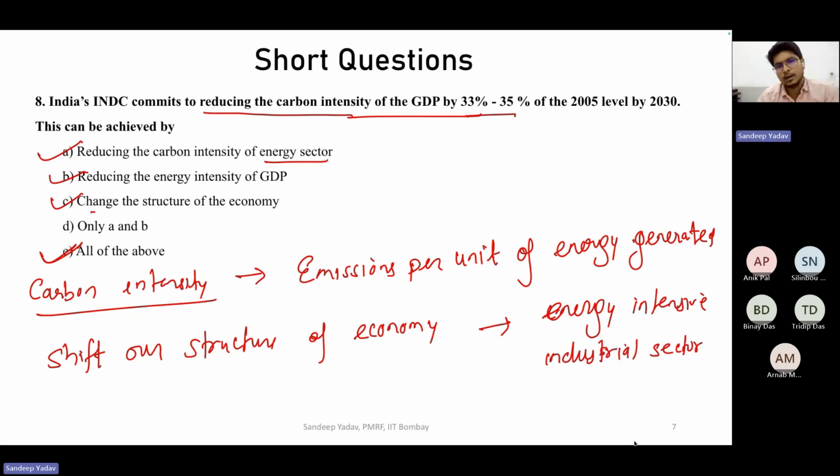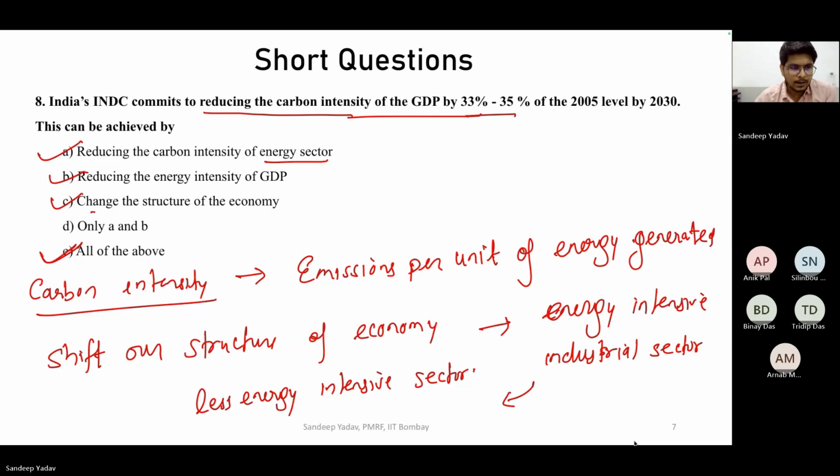Steel, iron, power plants, or the manufacturing sector, to less energy intensive sectors like IT or the service sector, this will help us reduce the overall carbon intensity also. I hope you have understood.